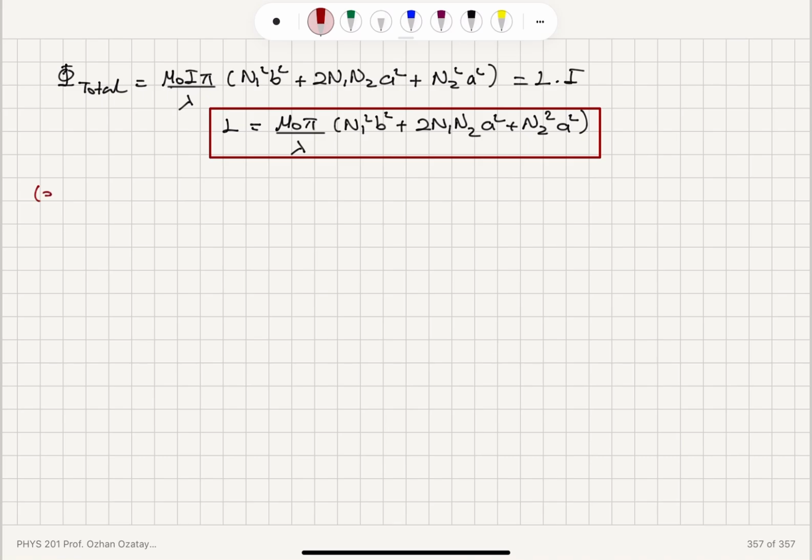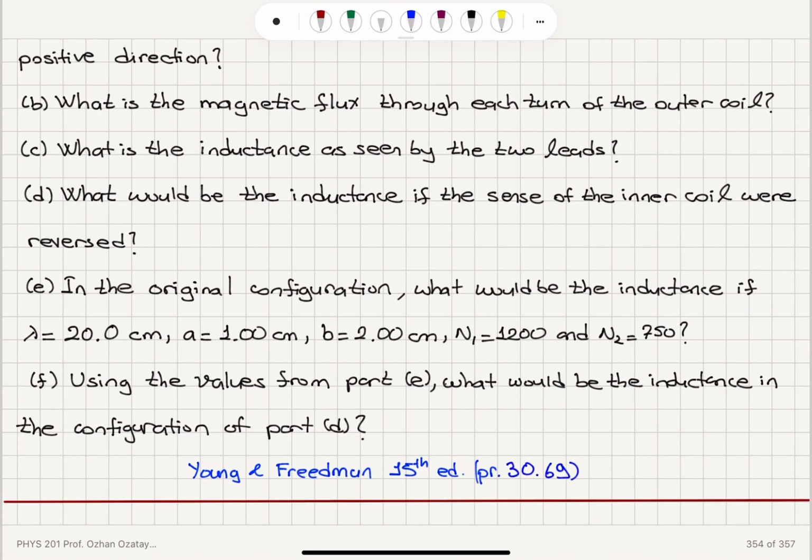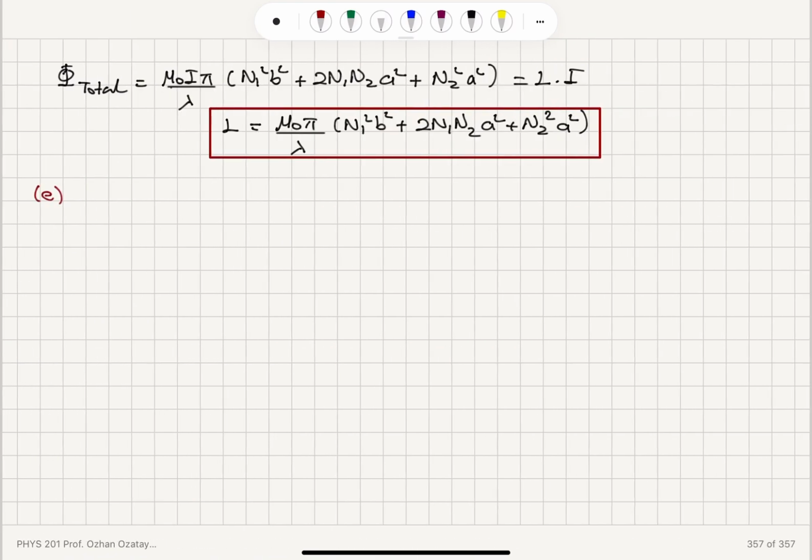Let's move on to part E. In the original configuration, what would be the inductance if lambda is 20 centimeters, a is 1 centimeter, b is 2 centimeters, n1 is 1200, and n2 is 750? So let's list these numbers here. The length of the solenoid, lambda, is 20 centimeters, which is 0.2 meters.